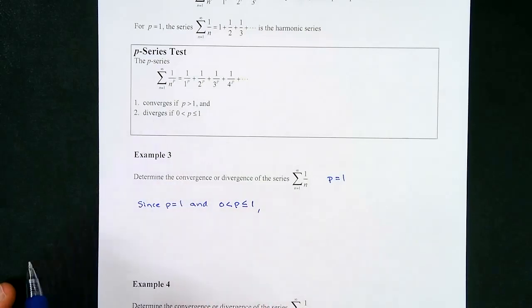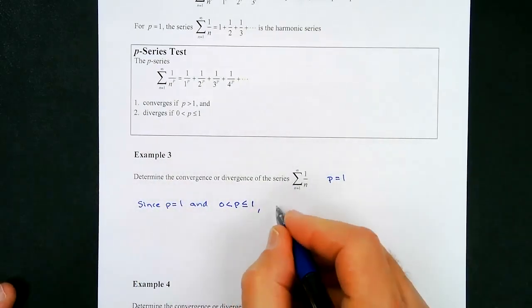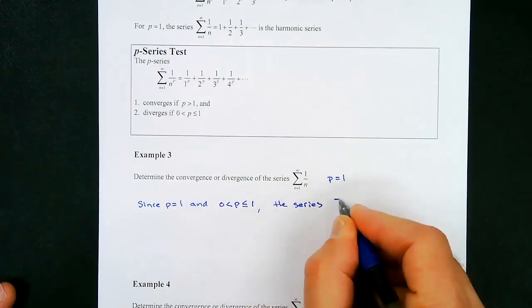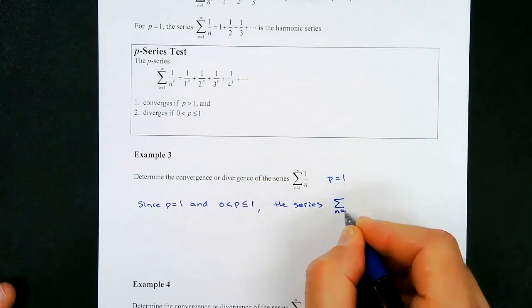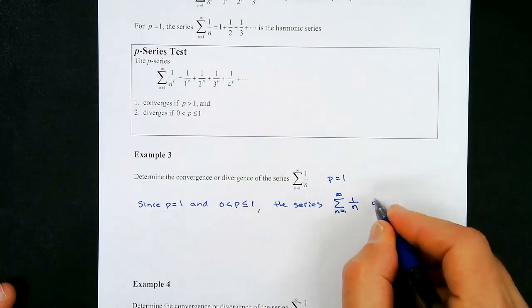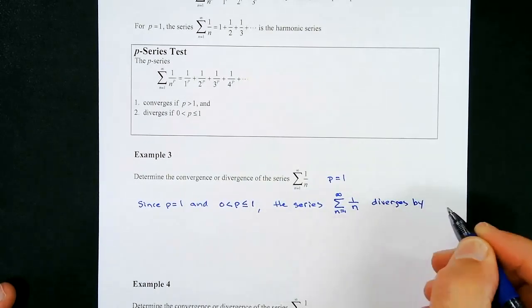We know that the series diverges, okay? So by that, we know the series sigma n equals 1 to infinity of 1 over n diverges by the p-series test.